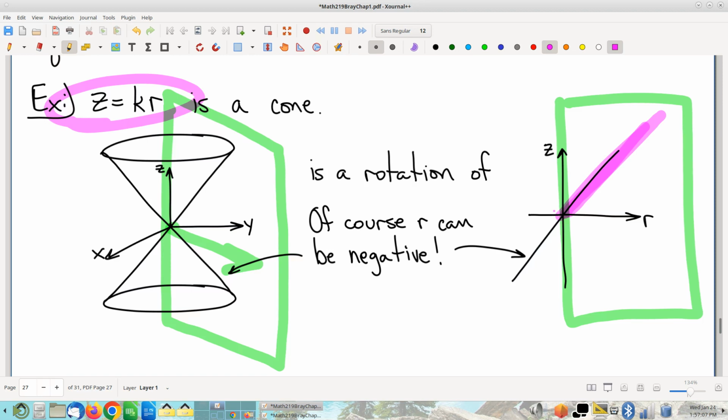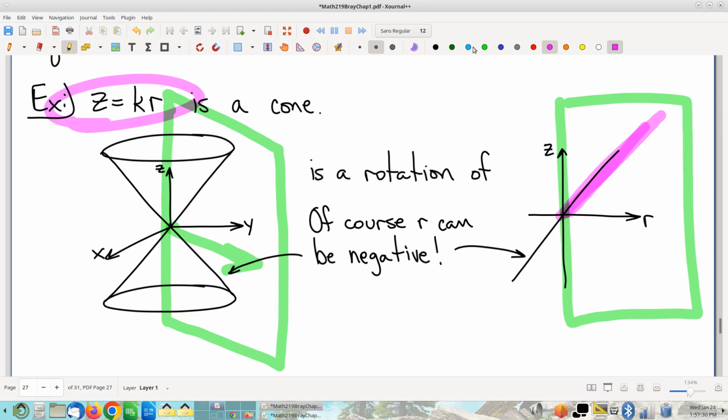Well, because we tend to think of a given single value of theta as only allowing positive values of r. It's just kind of our intuition. We tend to think, if I wanted to go on the other side, I would have picked a different theta. But we really don't have to.